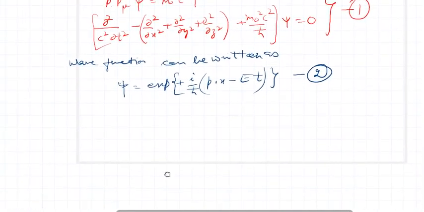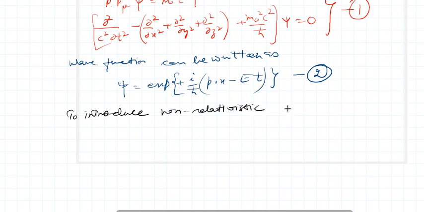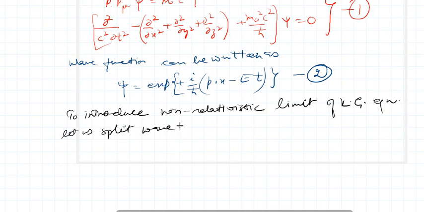So to introduce the non-relativistic limit of the Klein-Gordon equation, let us split the wave function into two terms, in which one contains the rest mass.